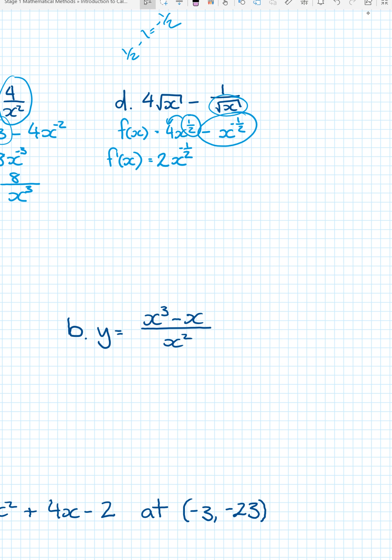Negative a half multiplied by the negative imaginary 1 gives us positive a half. Negative a half subtract 1 leaves us with minus 1.5, or minus 3 on 2.